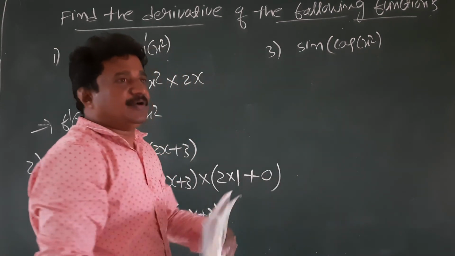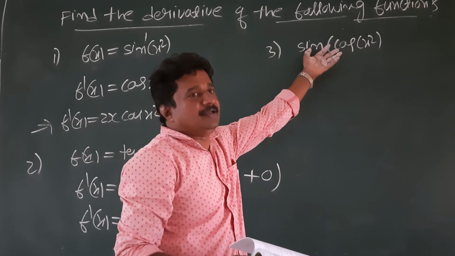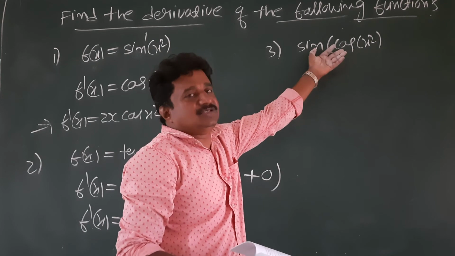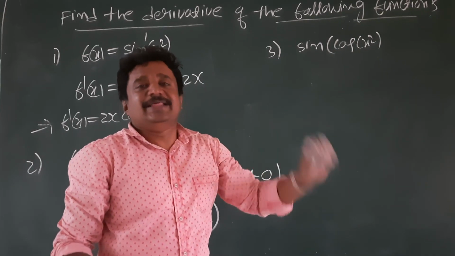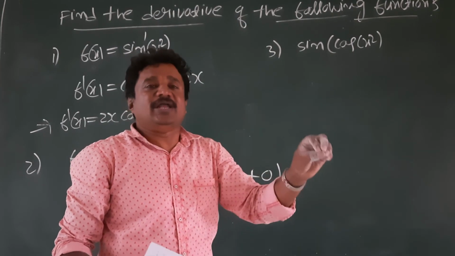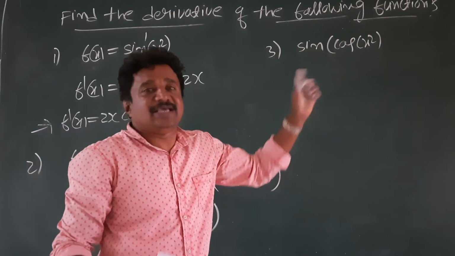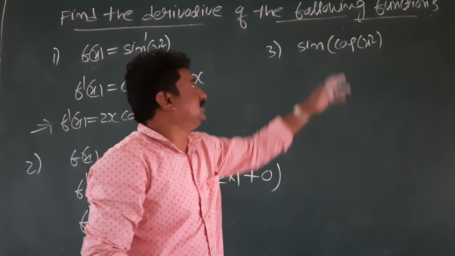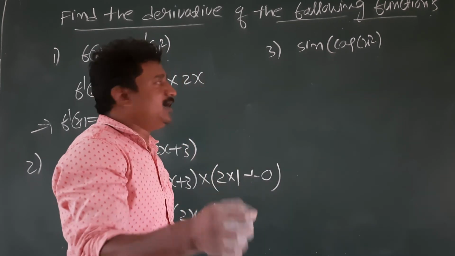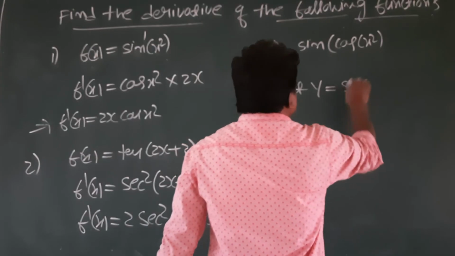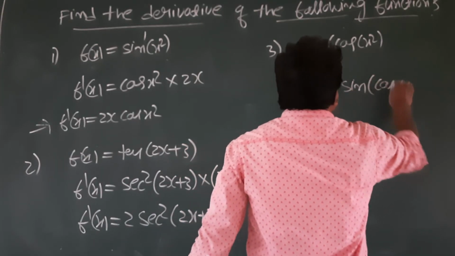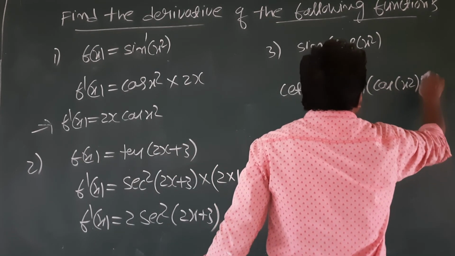This function is not named, so naming is not done. Usually we name the given functions either by f(x) or y. You take the given function as either y or f(x). I take it as y. Let y equal sine of cos x square.